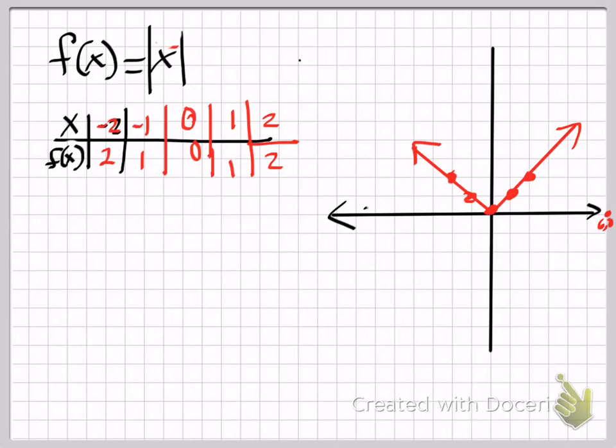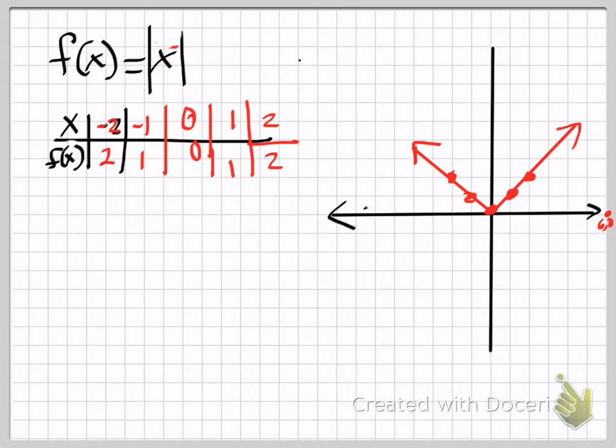Or if I pick this x all the way out here, negative 7, I'm going to go up, right up about here, right? So I'm going to eventually hit all of the x's. Does that make sense? That's why it's all real numbers.